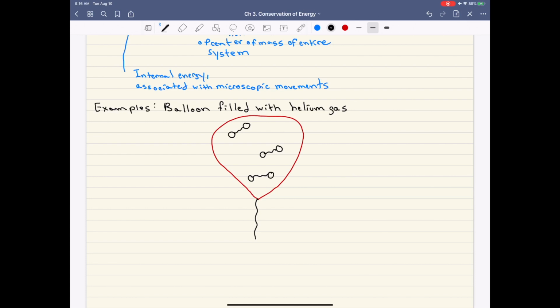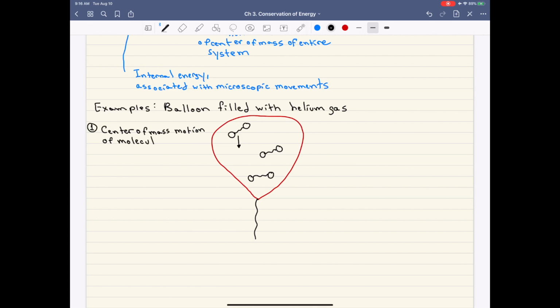And so the different types of ways that these helium molecules can be moving, one way is that the entire molecule just moves from one spot in the balloon to another spot here. And so that type of movement is what we would call the translational motion of the molecule, or the center of mass motion of the molecule.